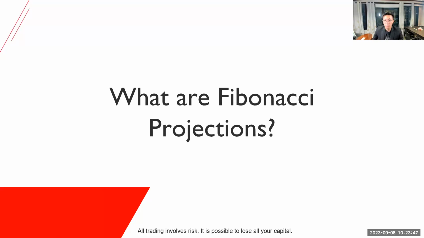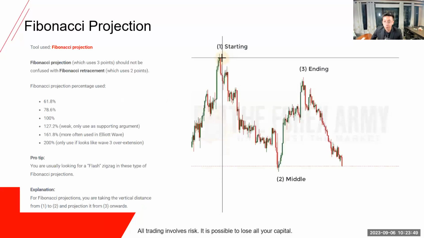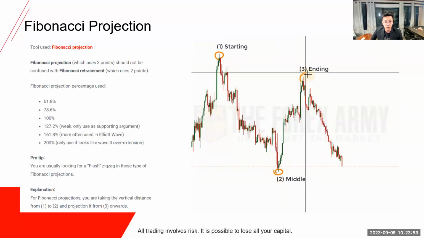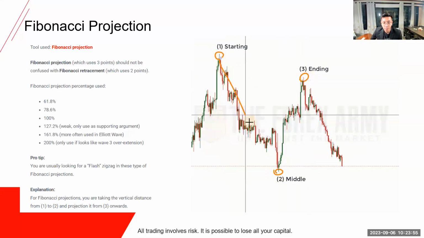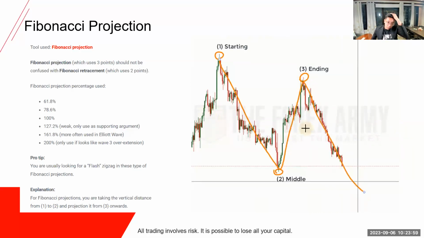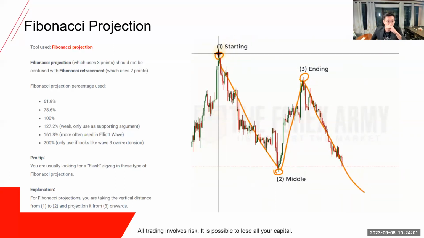So what are Fib projections? Very simple. Fib projection should not be confused with Fib retracement, because Fib projection uses 3 points while Fib retracement uses 2 points.